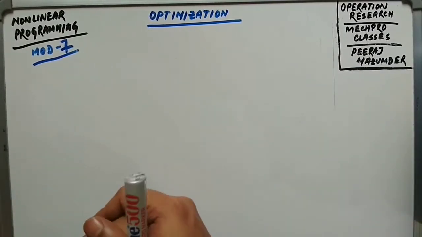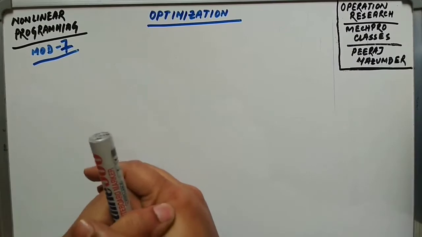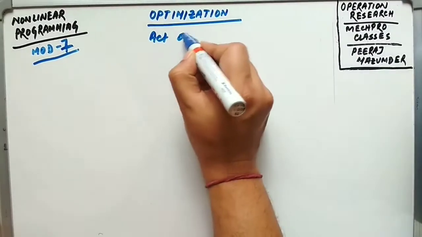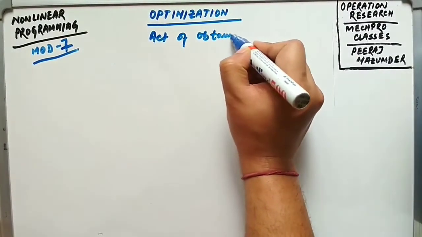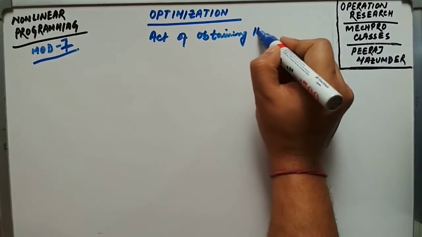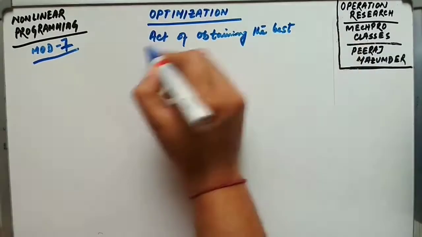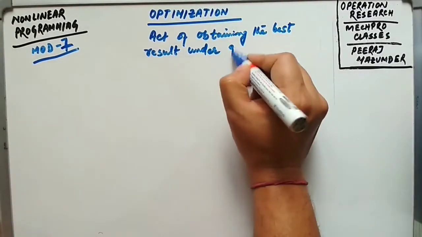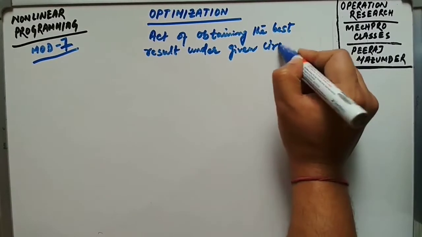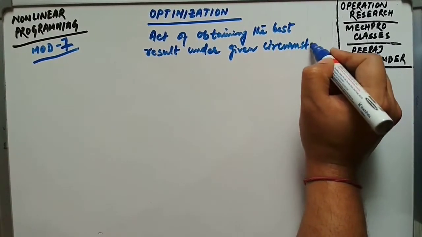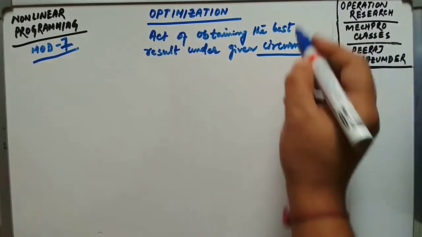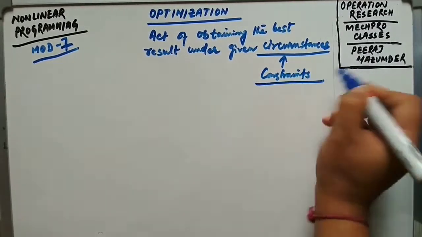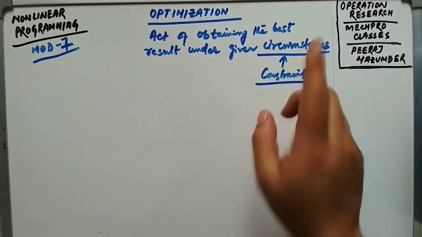If someone asks you what optimization is, you have to tell them that optimization is the act of obtaining the best result under given circumstances. These circumstances you already know: these are the constants. In linear programming or nonlinear programming, we used to call these circumstances constants.